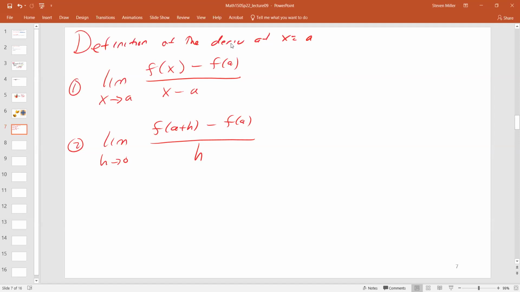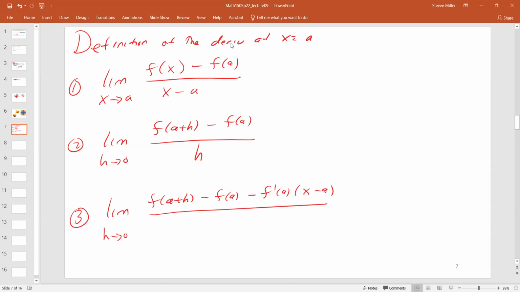There is another definition. Actually, let me rewrite this slightly.